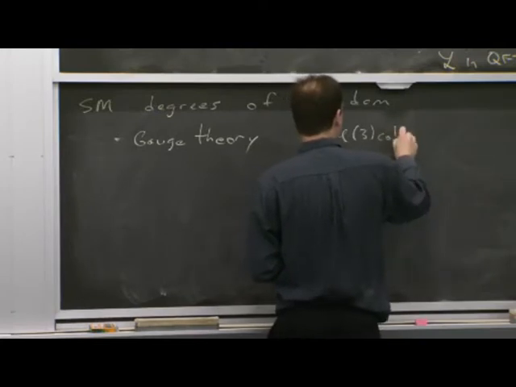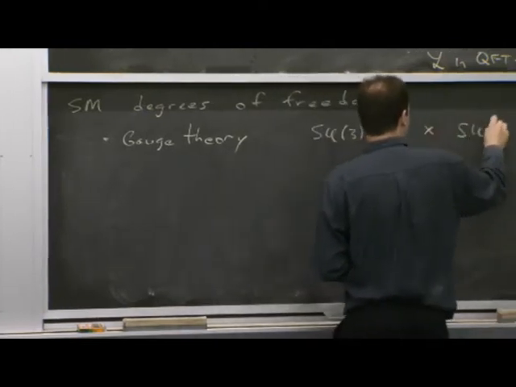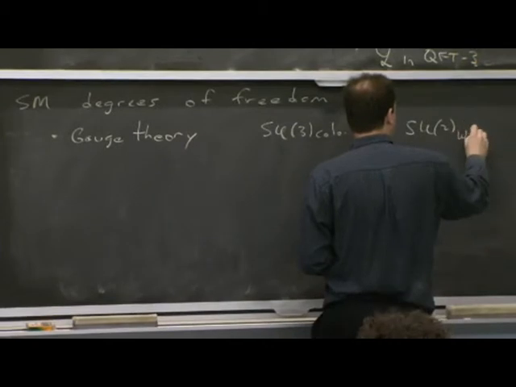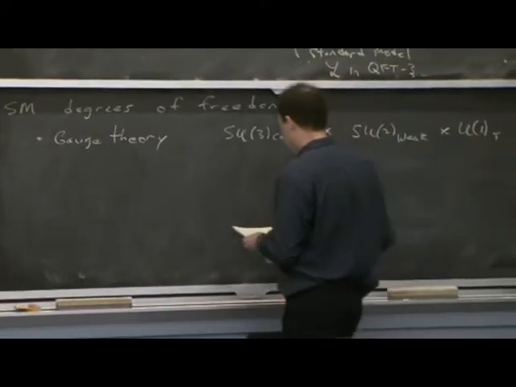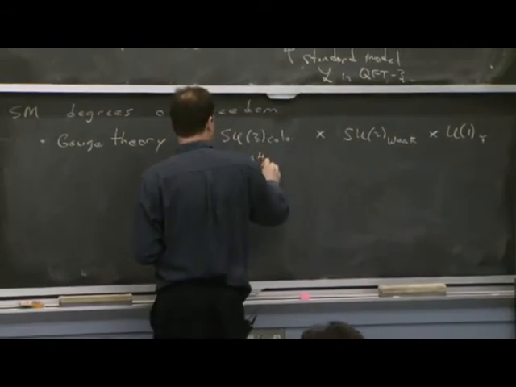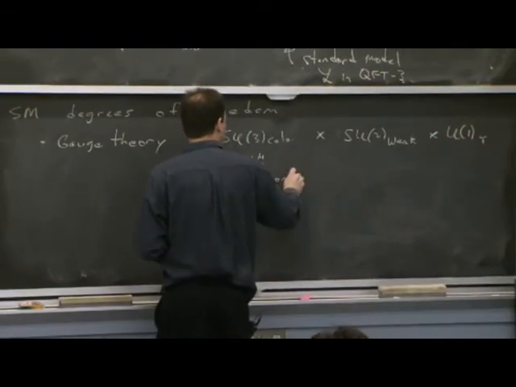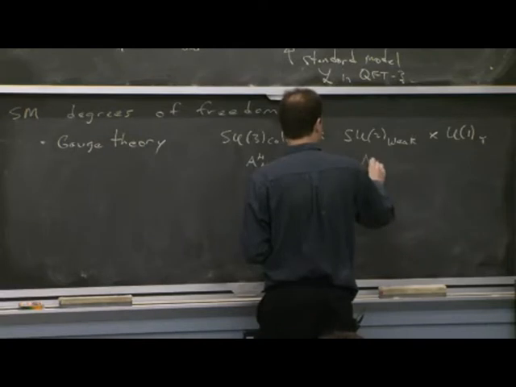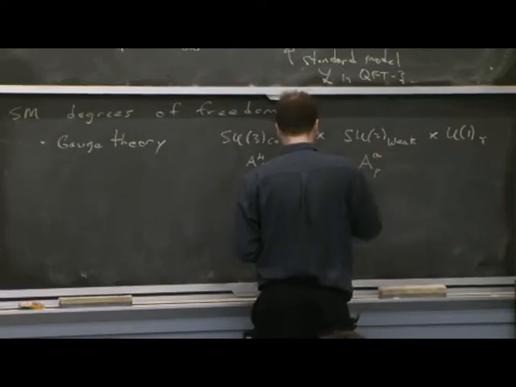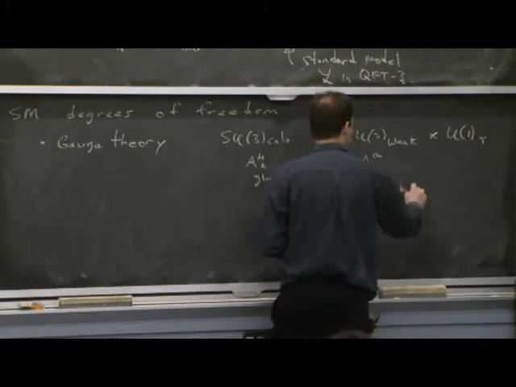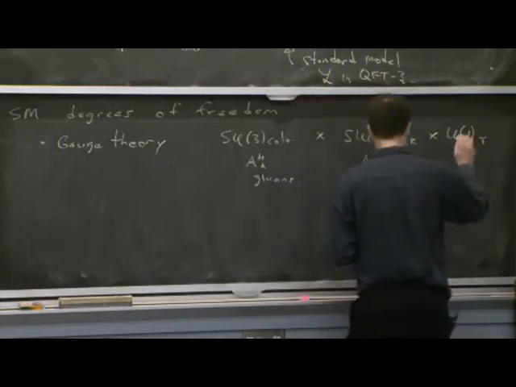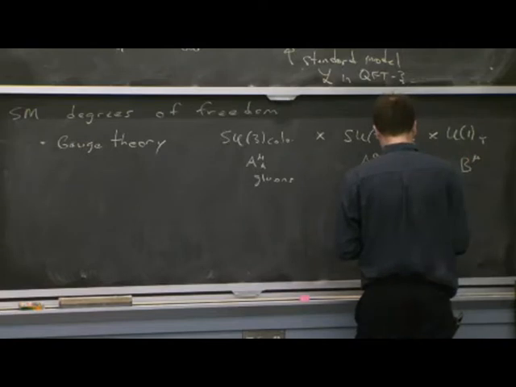So we have color SU3, SU2 weak, cross the U1 of hypercharge. And so we have 8 gluons here, 3 weak bosons here, and 1 guy here.